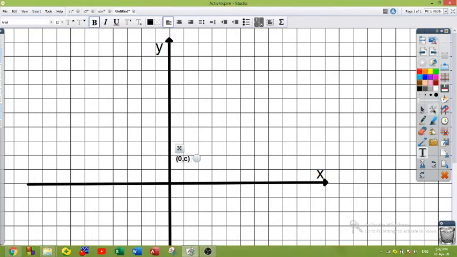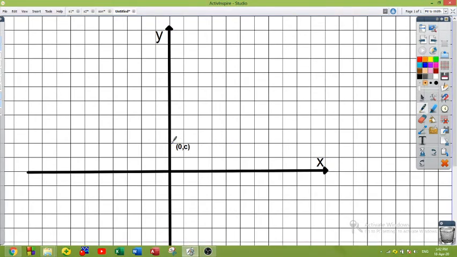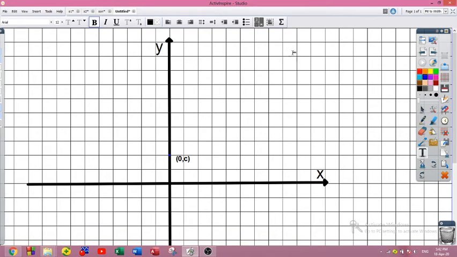It can be any point. Let's choose this one as that point. Now we can use m to draw our line here. It will be like this. Let's say we have m. The gradient is m here.